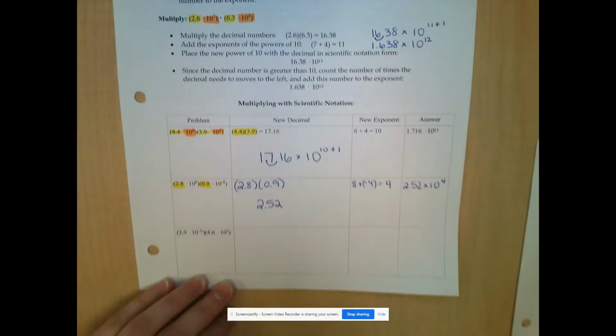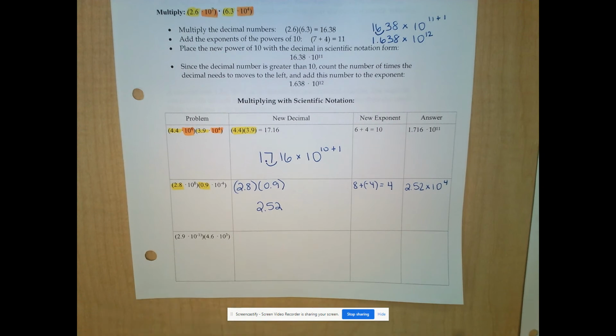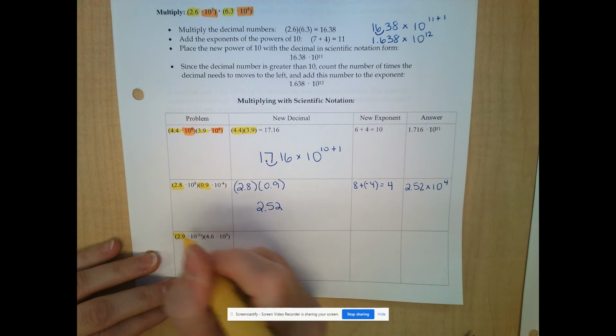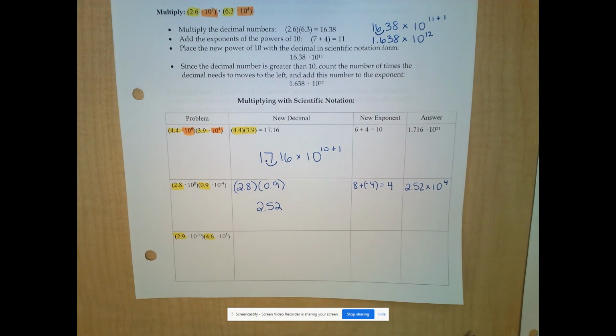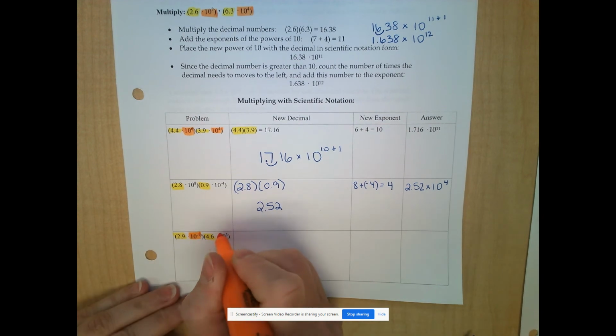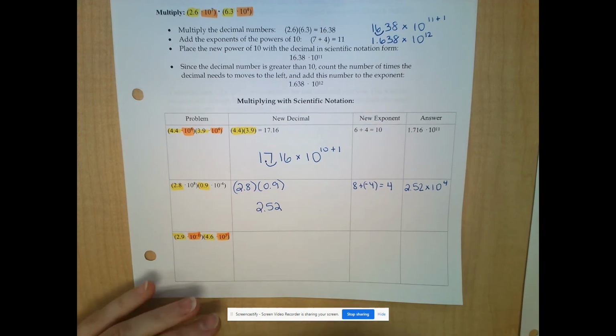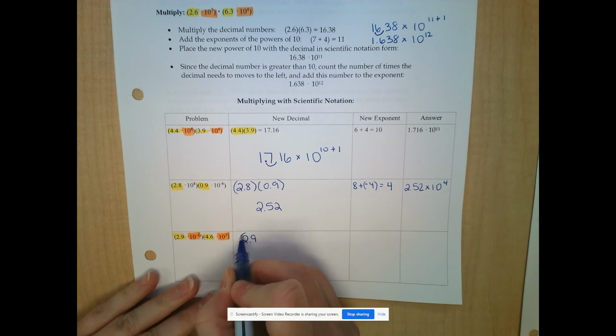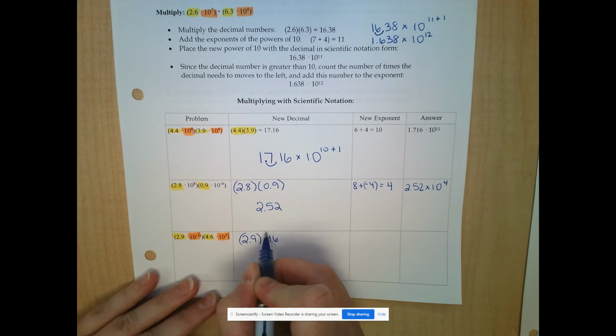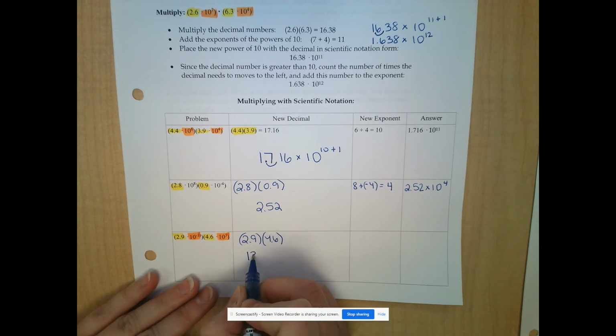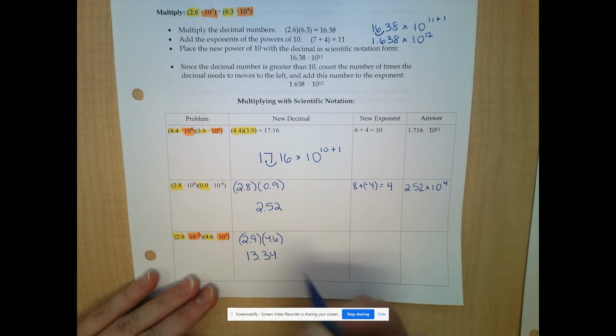The next one on there is 2.9 times 10 to the negative 1st and 4.6 times 10 to the 3rd. We would multiply our 2.9 and our 4.6. We are also going to need to add our exponents. So we've got to do 2.9 times 4.6. And what's tricky there is it comes out to 13.34.